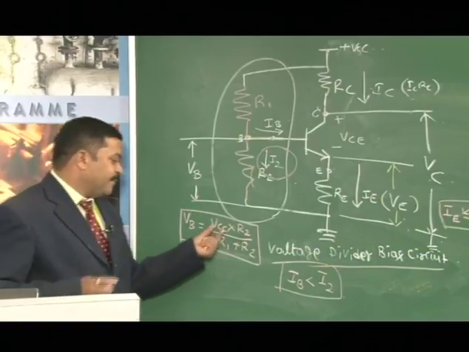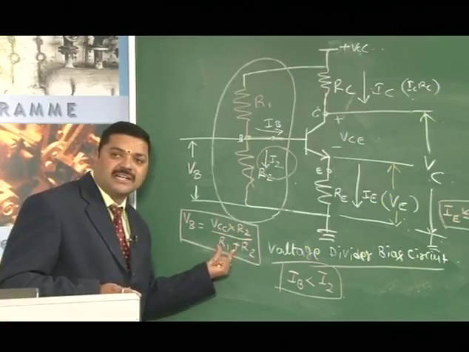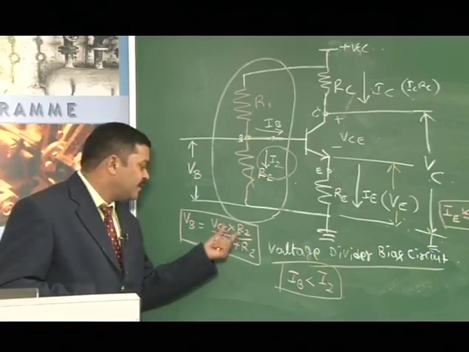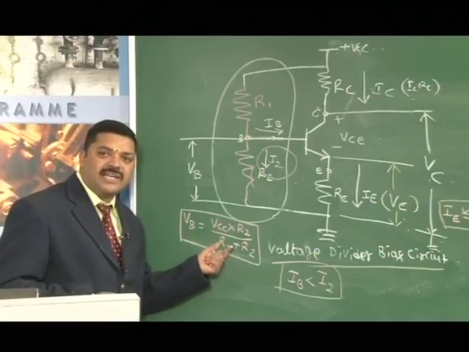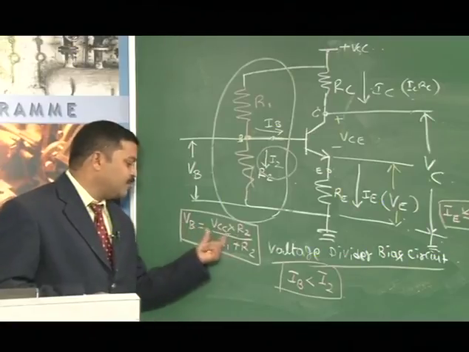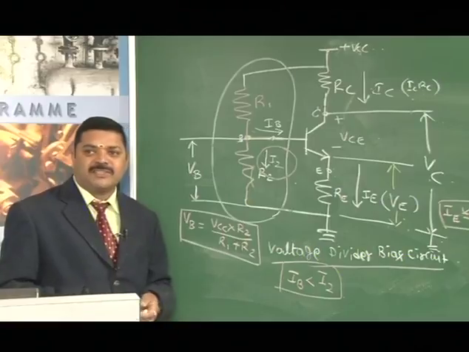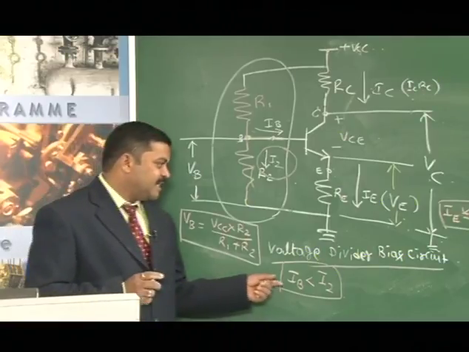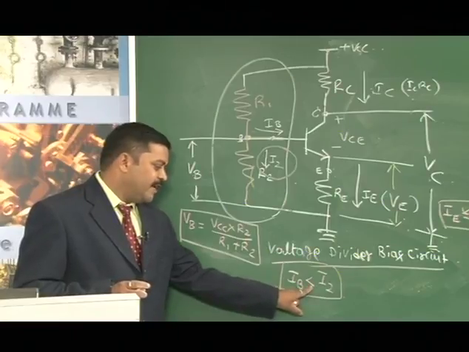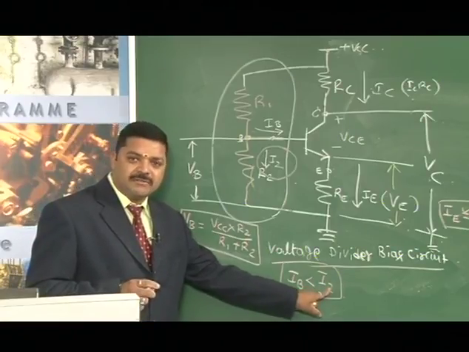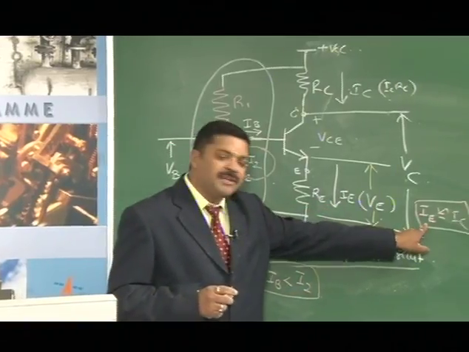So VB is assumed to be constant. Why do we have to assume? VCC is constant, R2 and R1 both are constants, fixed values. So when you divide any fixed value by any other fixed value, it is only a constant. So VB is assumed to be constant in the approximate analysis. The 3 points you must remember here in approximate analysis: the base current IB is assumed to be very small when compared to voltage divider network current, and IE is approximated to IC.